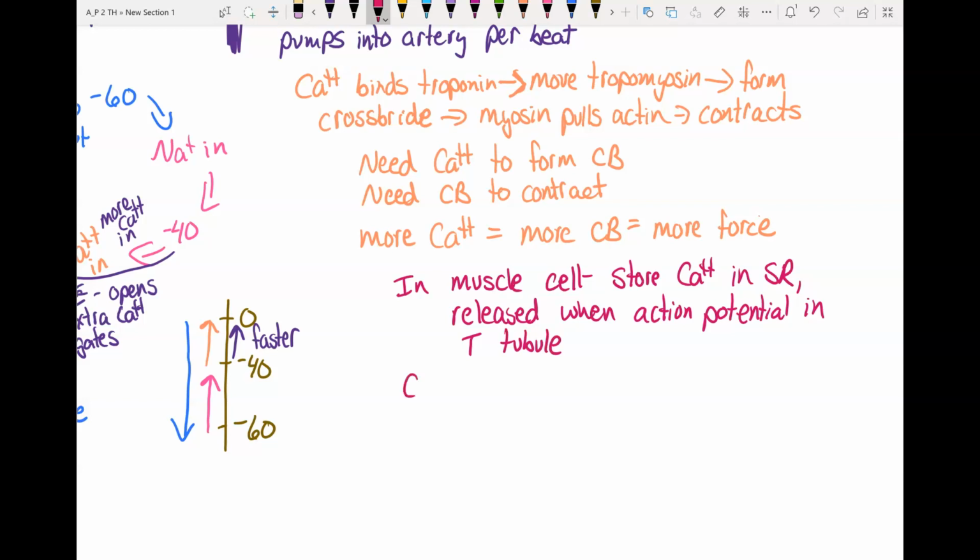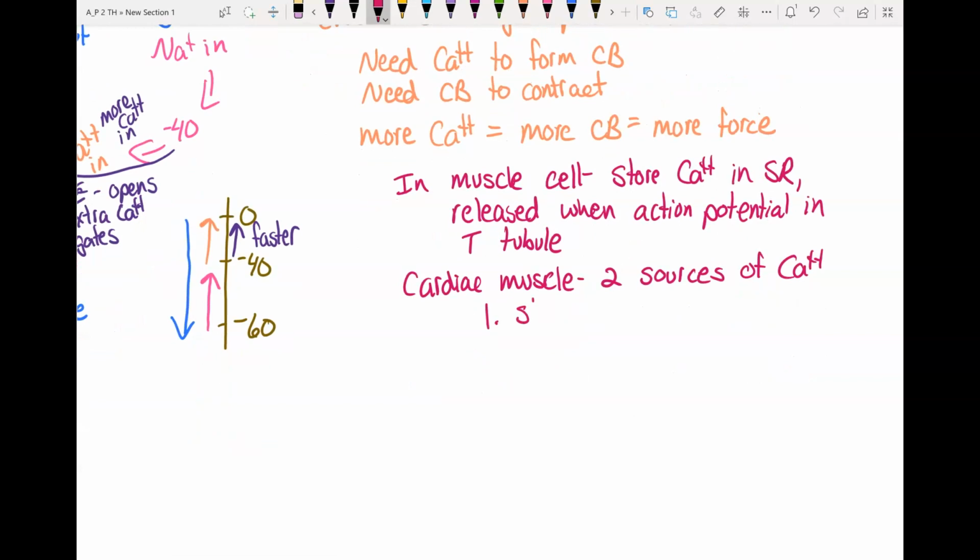In cardiac muscle, you have two sources of calcium. So you have calcium that is stored in the sarcoplasmic reticulum, just like you learned about with skeletal muscle.